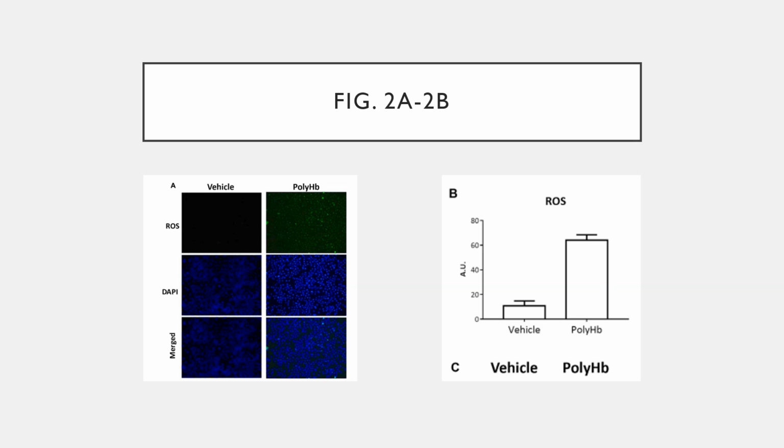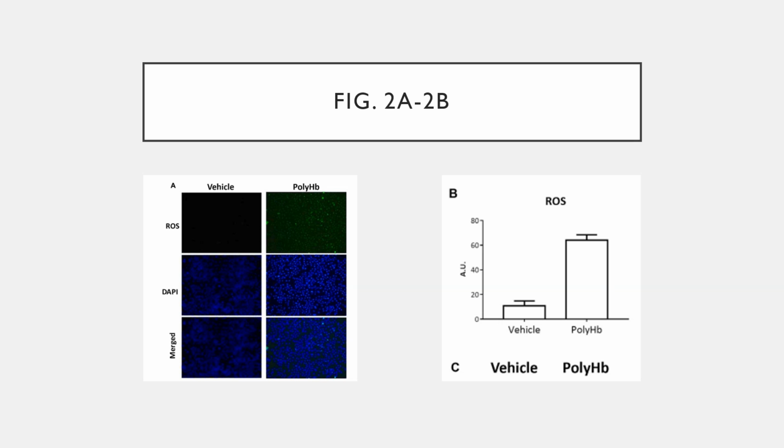So by polymerizing the human hemoglobin in the relaxed quaternary state, the oxygen affinity was significantly increased. The effective hydrodynamic diameter was also significantly increased, and there were definitely slower rates of autooxidation in comparison to the unmodified hemoglobin. So in this figure, we can see the ROS and the DAPI stains for polymerized hemoglobin and a vehicle control.